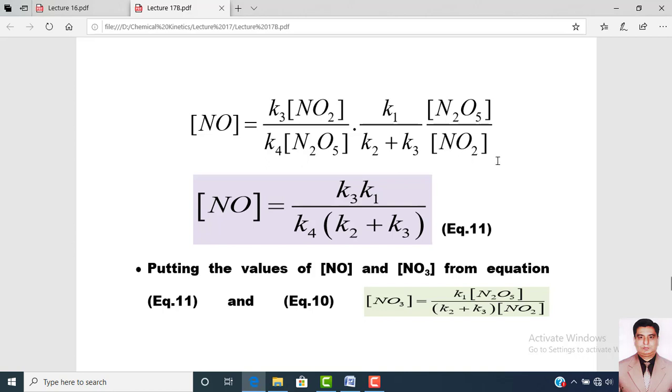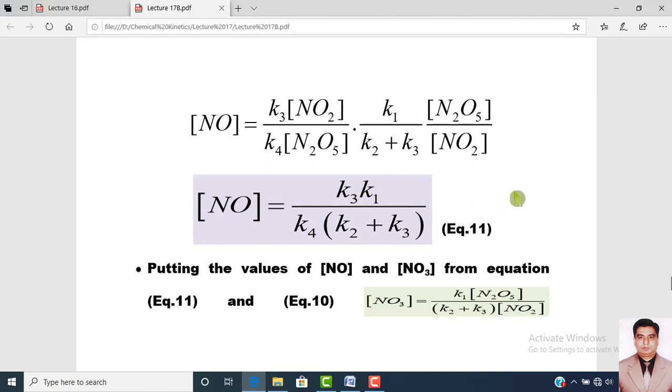So when we simplified the equation, we find that the concentration of NO is equal to K3 K1 over K4 into K2 plus K3, because this NO2 cancelled out with this NO2, and this N2O5 cancelled out with this N2O5.